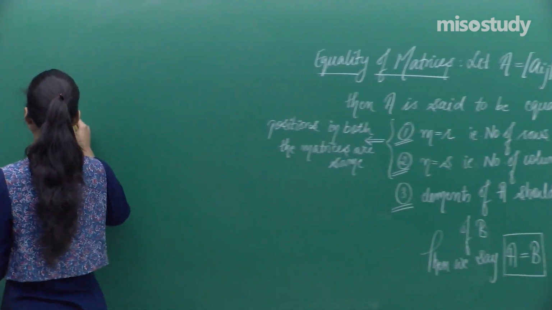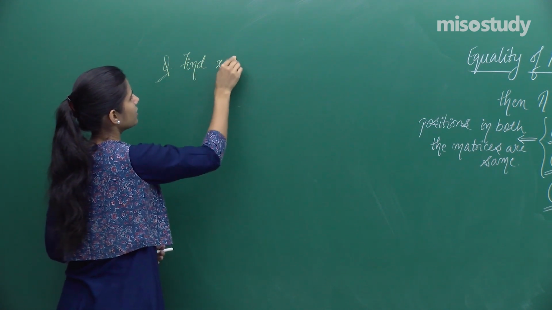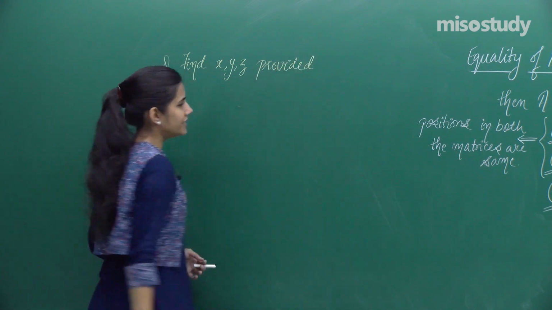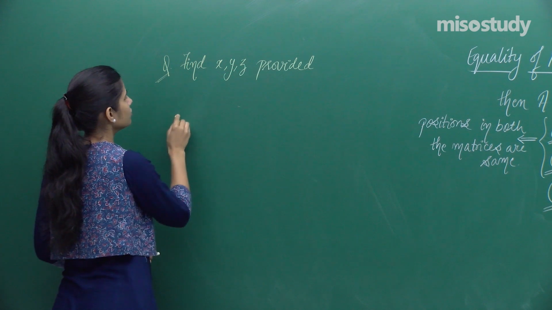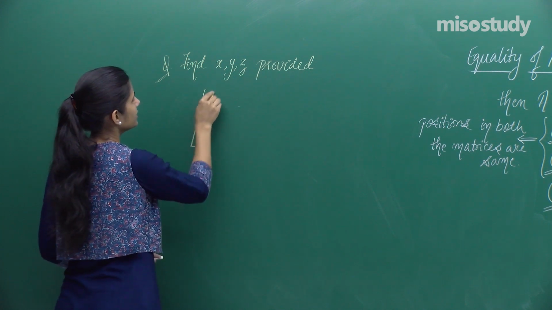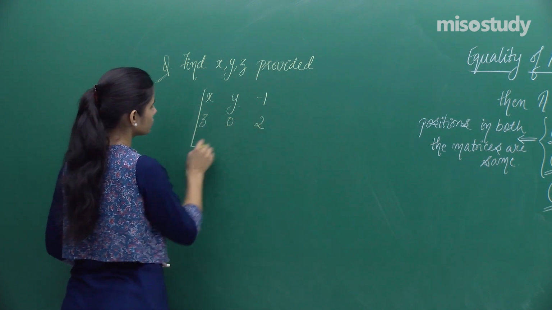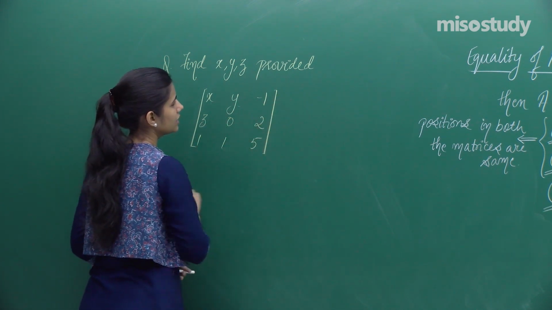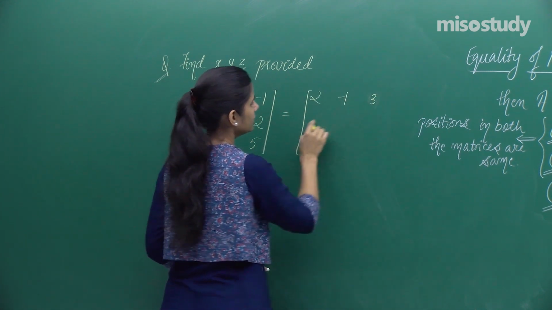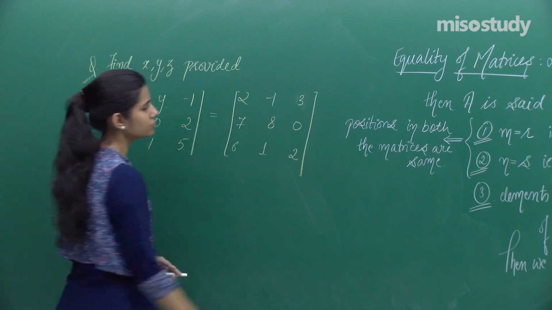So the question is, find x, y, z provided the matrix x, y minus 1, z 0, 2, 1, 1, 5 is equal to 2 minus 1 minus 3, 7, 8, 0, 6, 1, 2.